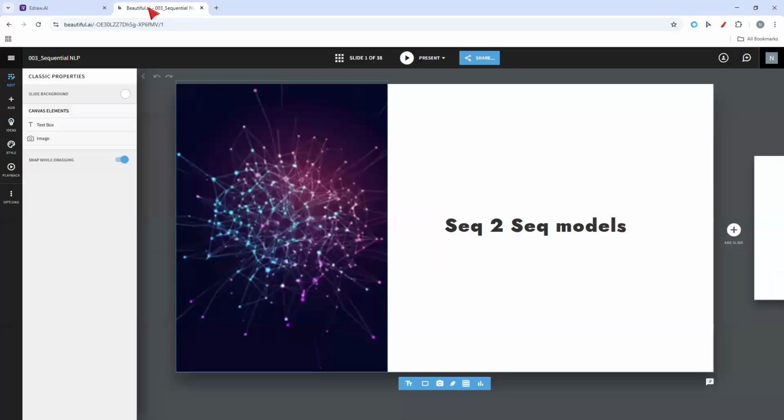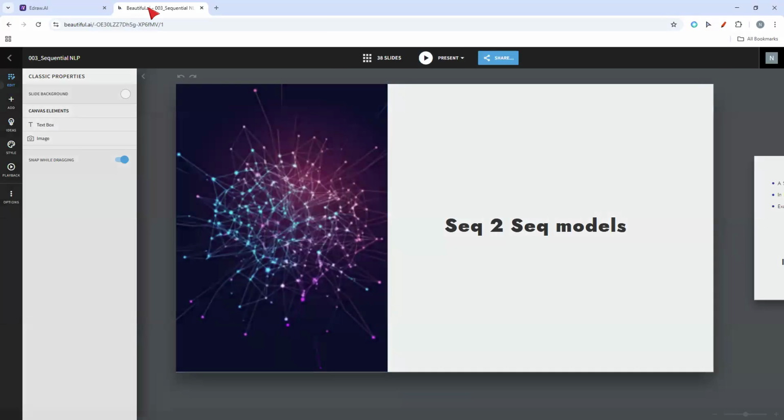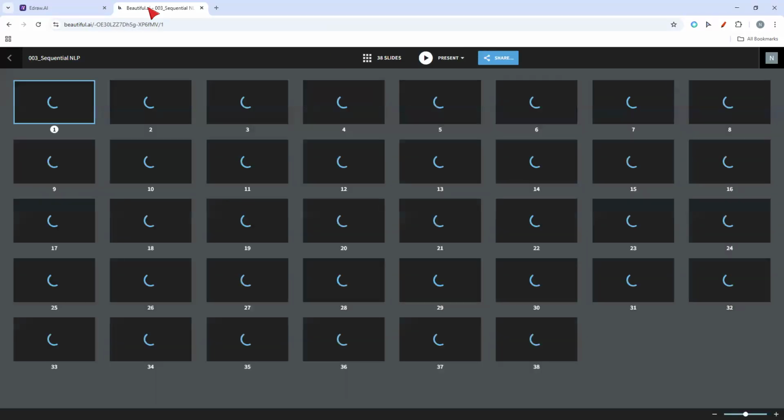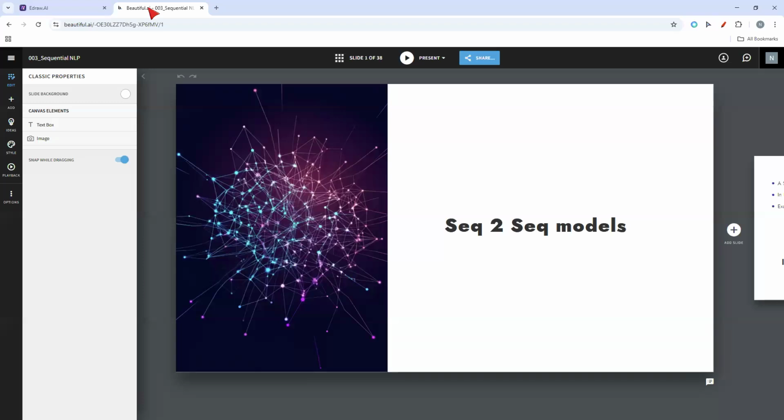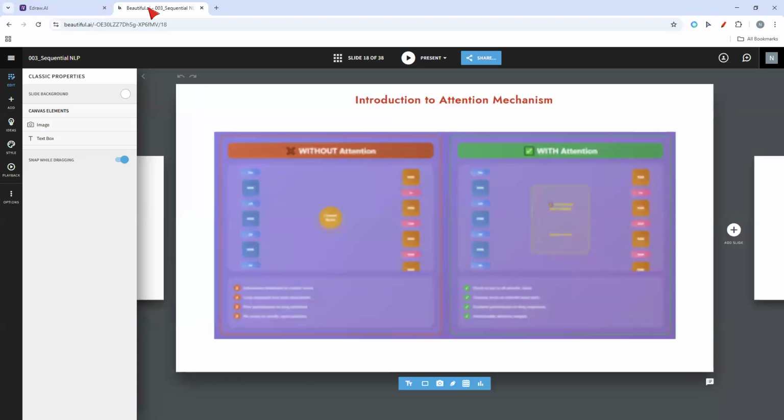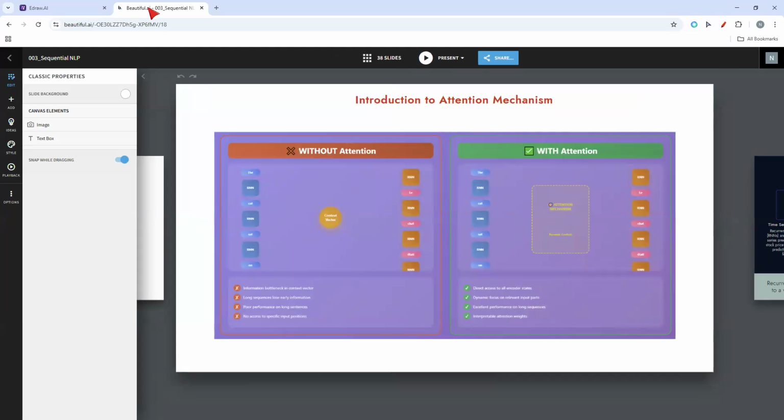We have kept a number of simulations here, just to make you understand the concept very easily, what actually happens, and the differences and all. Those kinds of things we have kept.